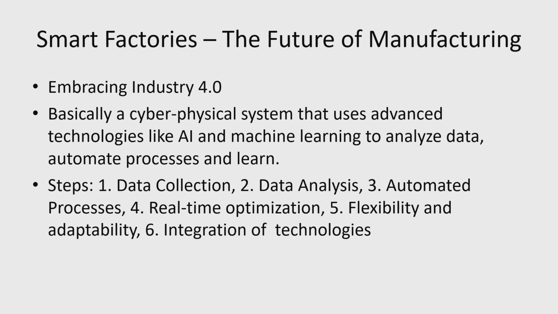Once you have collected the data and properly filtered it, you have to do data analysis. I have already discussed many techniques: you can do statistical inference tests, and machine learning methods can also be used. Then with the help of data, you can automate processes.